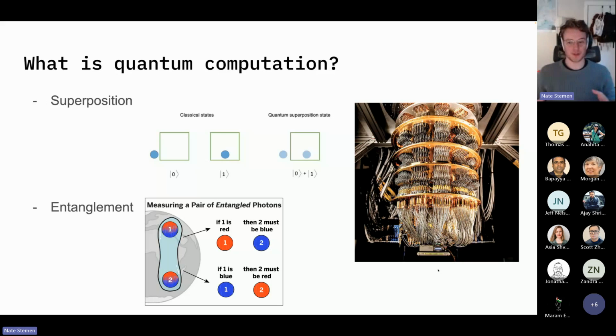And the term refrigerator here is used very loosely. It's true, it's a refrigerator, but it really cools everything down to, instead of close to 30 degrees, almost 0 Kelvin. And the reason for this is because quantum systems are very hard to control.